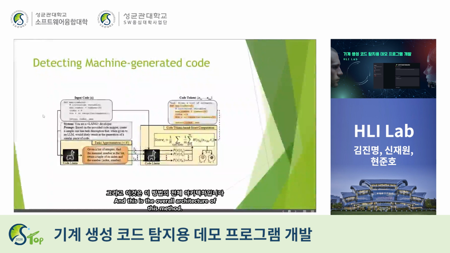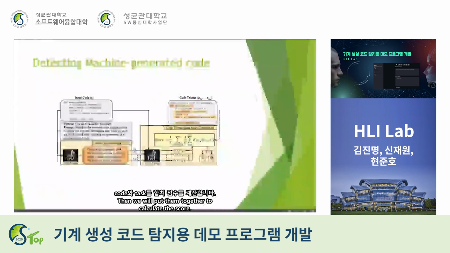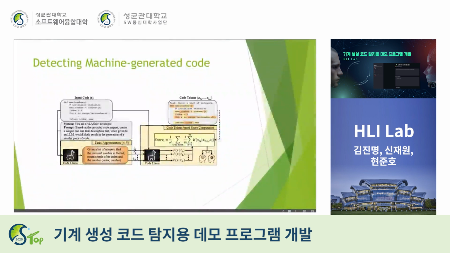This is the overall architecture of this method. We have an input code here, then we will ask the open source LLM, which is called Llama, to try to generate an approximated task of it. Then we will put them together to calculate the score with this formula.